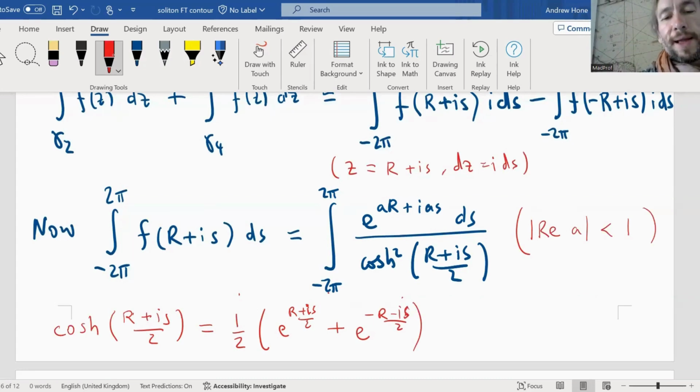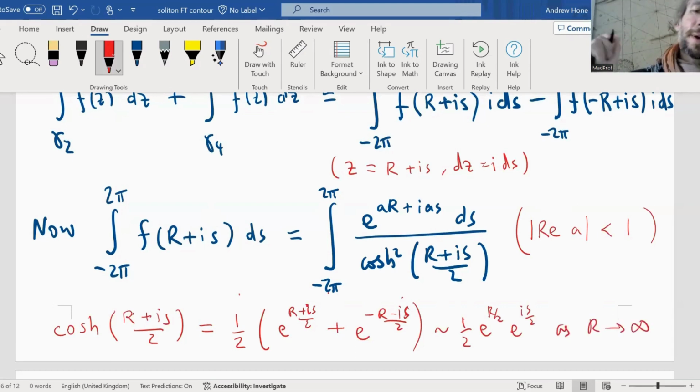And then in a very precise sense, this grows like 1/2 e to the r/2 e to the is/2 as r tends to infinity. So this symbol here is the asymptotic symbol, the tilde symbol. What it means is that the ratio of these two quantities tends to 1. Okay, so if we're looking for large R, then the e to the minus r/2 term doesn't really play any significant role.